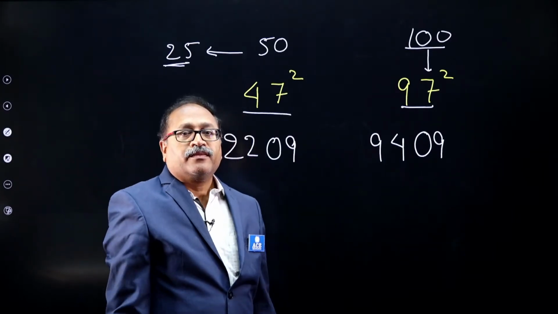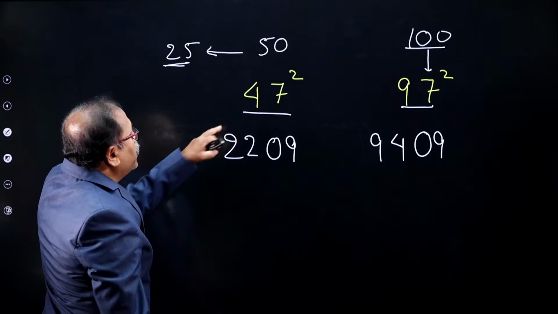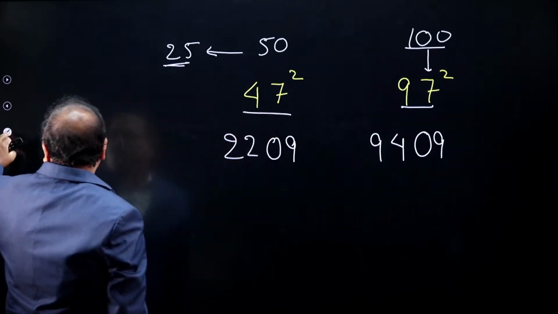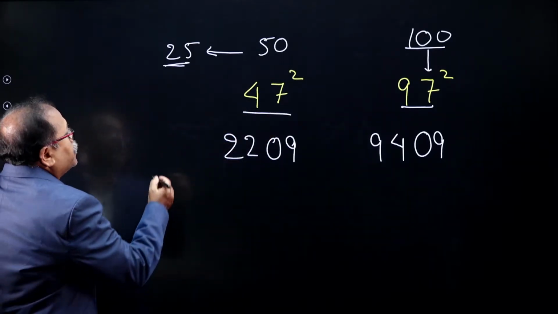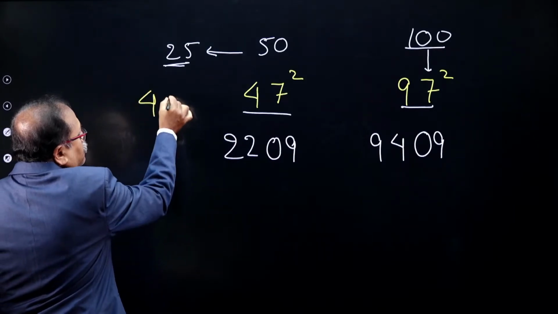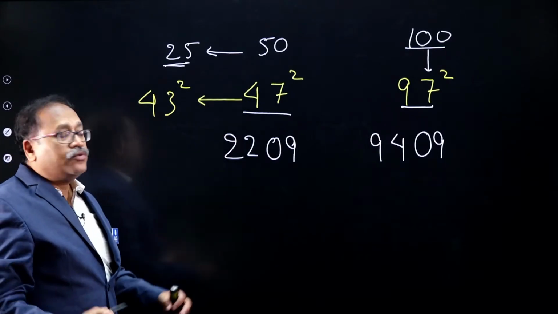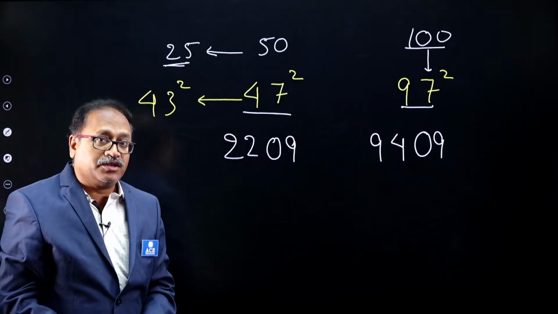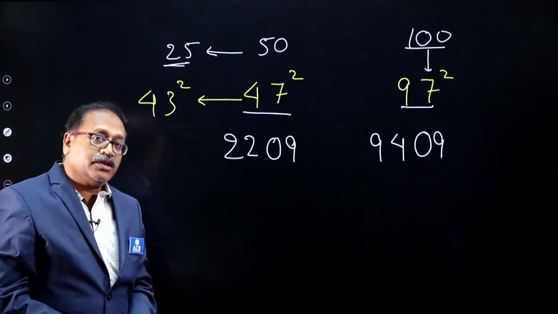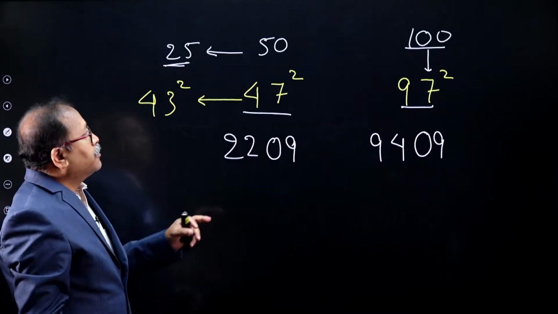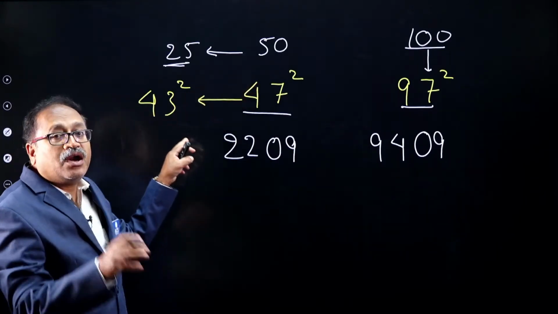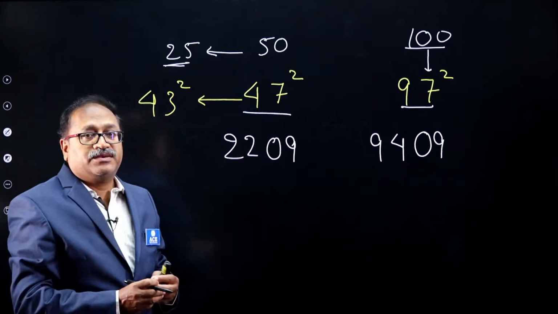Wonderful. Okay. What, Sai, if instead of 47, I give you 43 square, Anusha, if I give 43 square, how do you get it? Now again, you will find that with 50, how much less? 7 less.